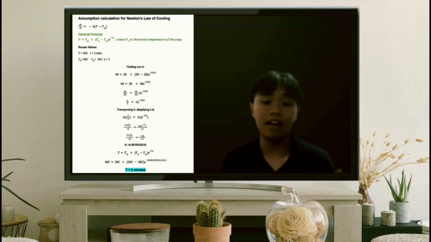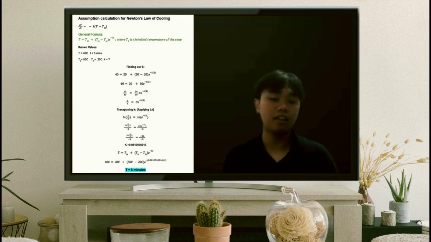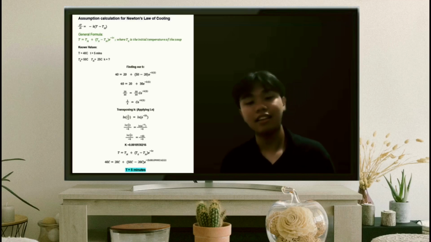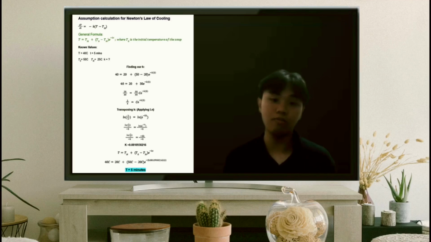That results in ln of 2/3 divided by negative 5, which gets us to 0.08. After that, we can plug it back into the values and eventually get our time. After plugging these values, we get 5 minutes. And that is how fast the soup goes from 50 to 40 degrees within 5 minutes.